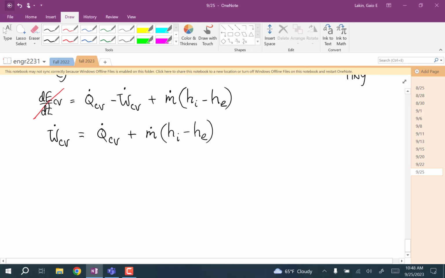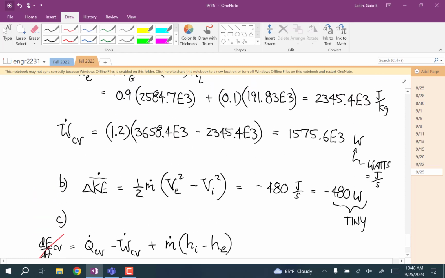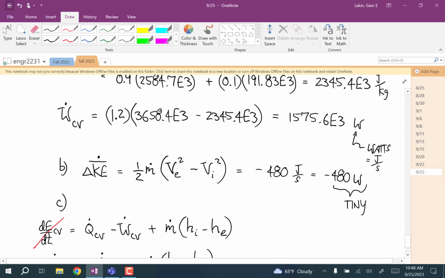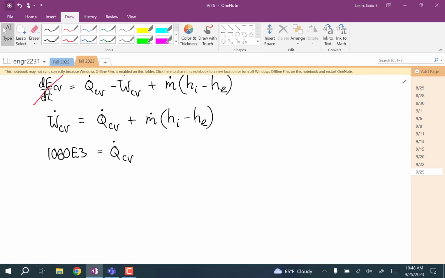We're assuming 1,000 kilowatts of work production, so that's 1,000 times 10 to the third watts is equal to Q dot for the control volume, plus this stuff that we just calculated. So 1575.6 times 10 to the third.